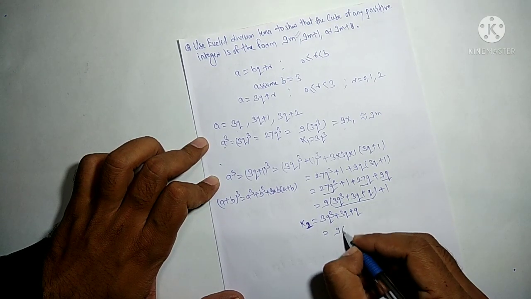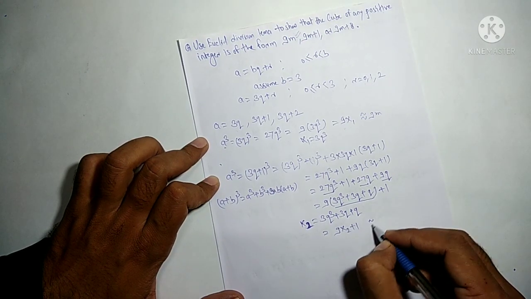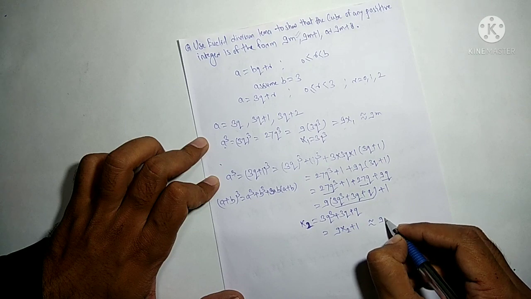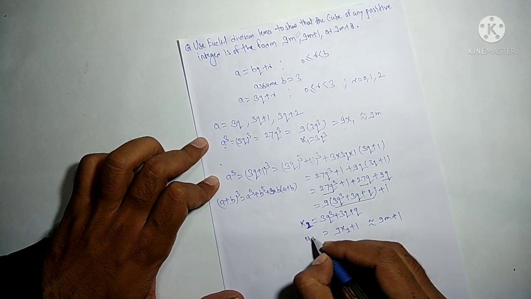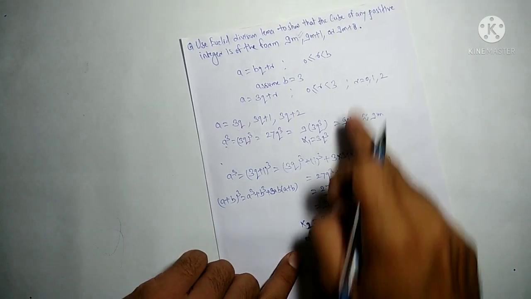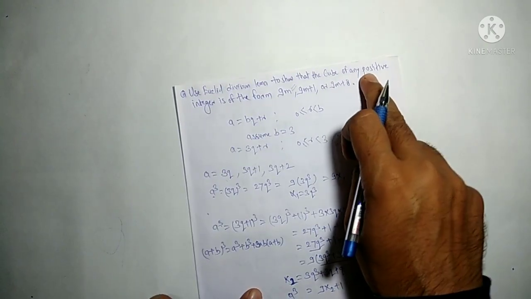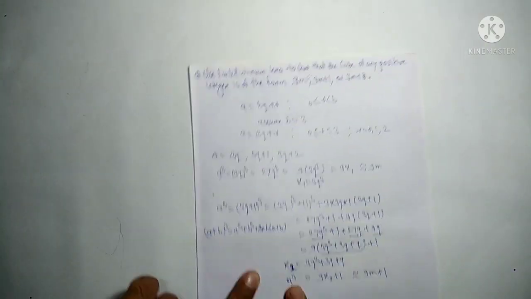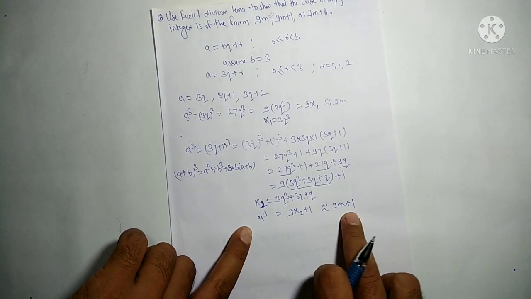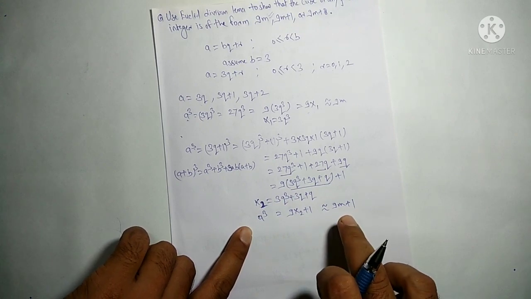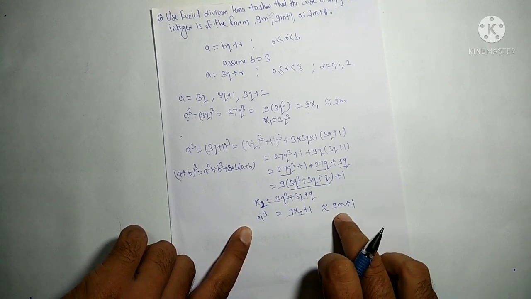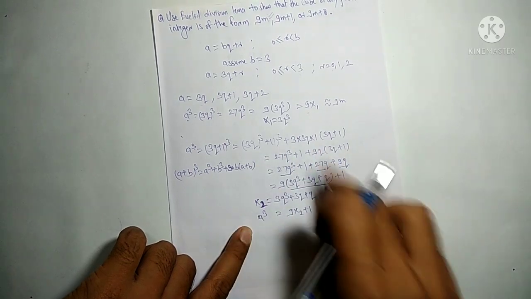Then it can be written as 9x2 plus 1, and can be written as 9m plus 1. A is a positive integer. We assume a is a positive integer, and the cube of this positive integer can be in the form of 9m plus 1. We can prove this from these procedures.